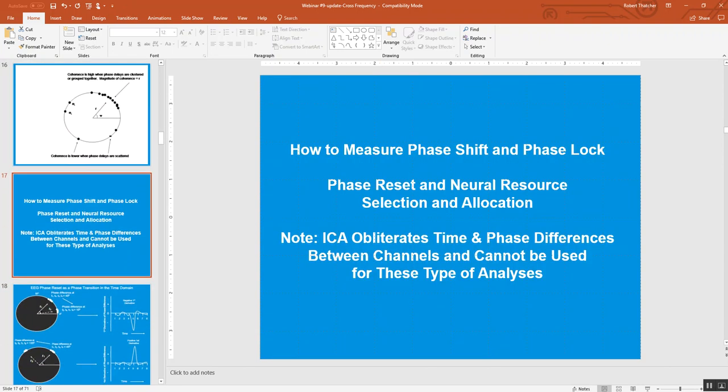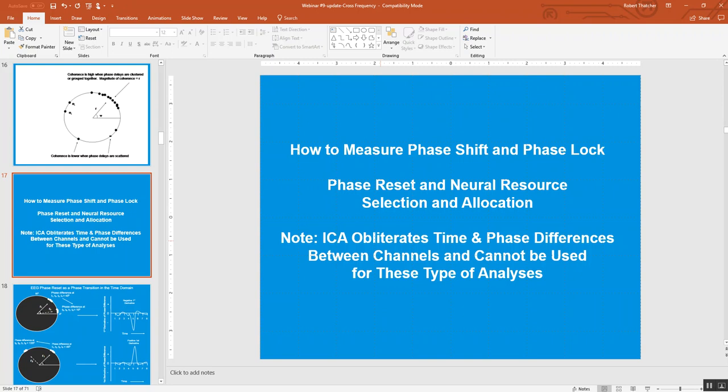Now, one of the interesting things is to measure the duration of phase shift and phase lock, and to drill down a little deeper into coherence in more detail to see what's going on for the selection of neurons at a given instant of time, and or the allocation of those resources to mediate a given function for a short period of time.